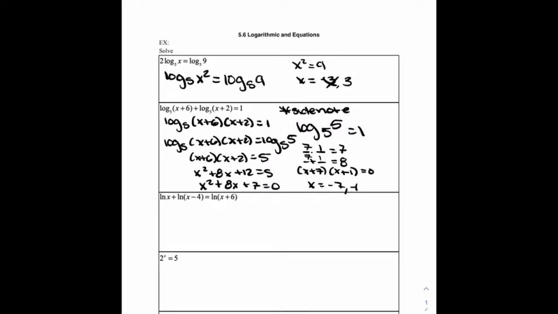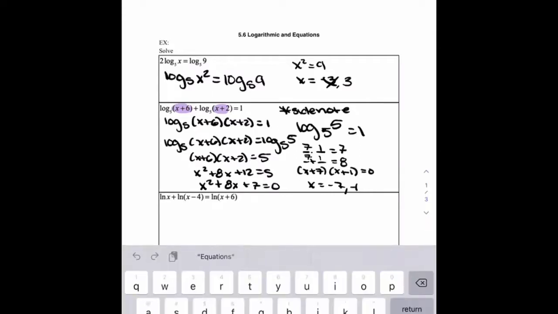Because the domain of x comes from the x plus 6 and the x plus 2, both of those need to be greater than 0. So remember, you set the parentheses greater than 0.